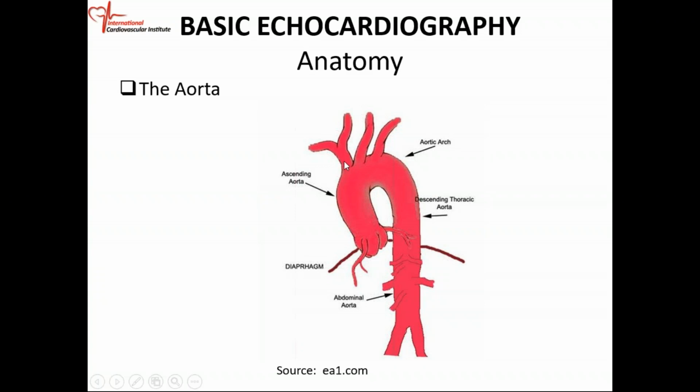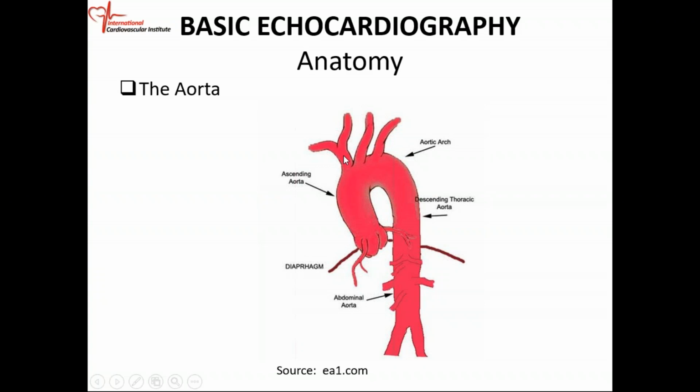All right. So you have to know the branches that come off the aortic arch. Okay. This first branch is what we call the innominate or the brachiocephalic branch. And this innominate or brachiocephalic gives rise to the right subclavian artery, and this is the right common carotid artery.